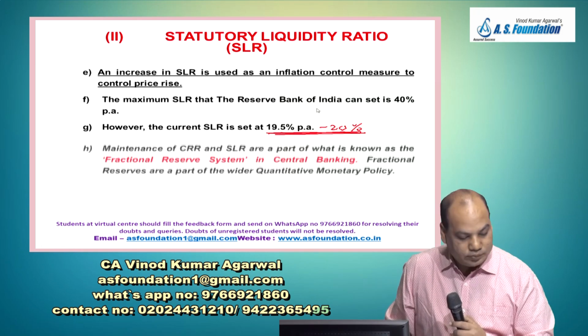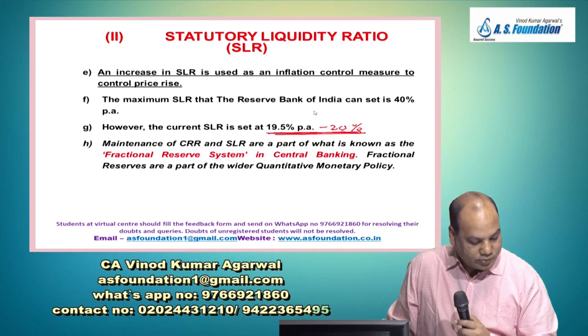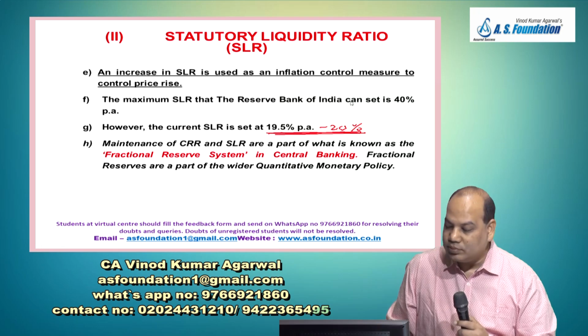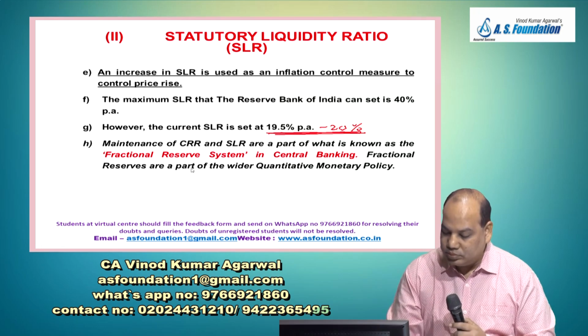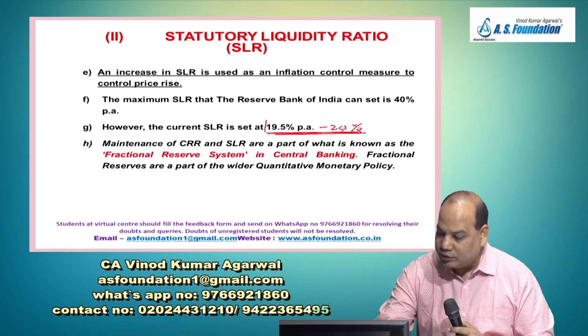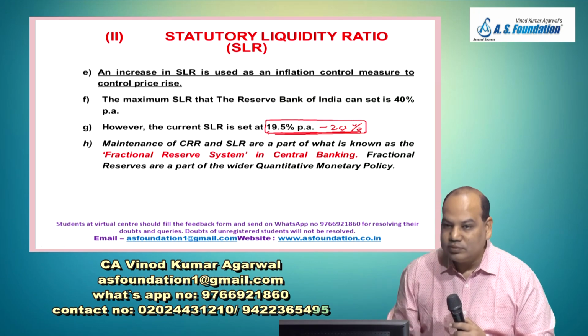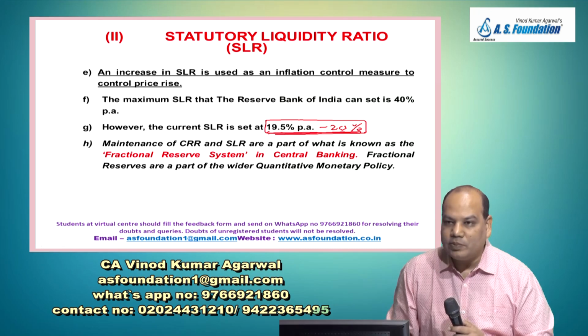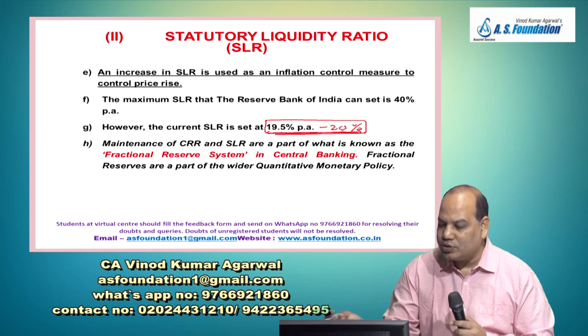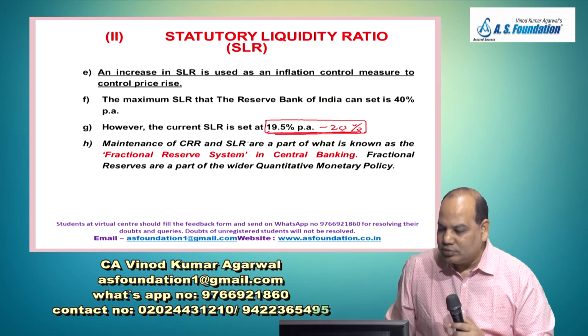I have mentioned, write down there, check before you go to the exam. Because you are a student at this level, you can't afford to make a mistake. It increases or decreases. Where will you find this? It will be available on RBI website, or you can just quickly search on Google. You can find it out. So right now it is 19.5%. In some places I found yesterday 20% also.